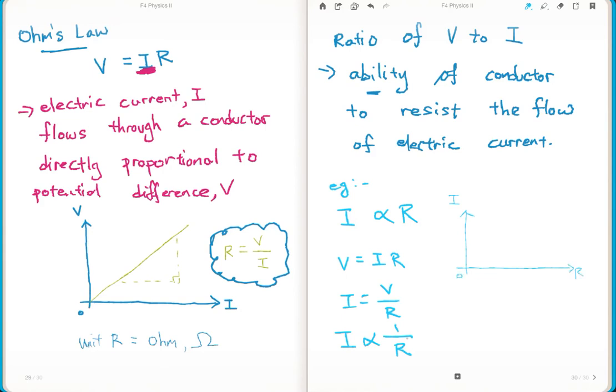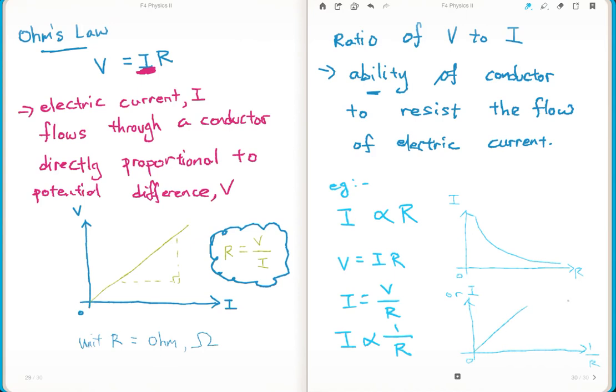Remember, inverse proportional, so there will be a graph that looks like this, a curve. Or now, with current remaining the same, you plot 1 over R, okay, and then you will still get your linear graph, in some objective questions.